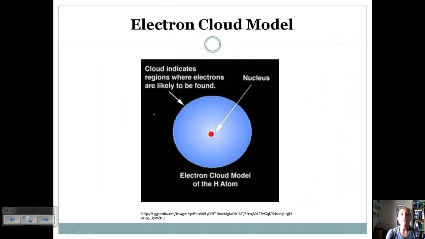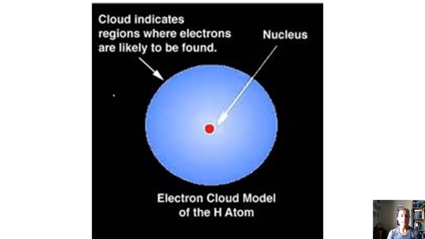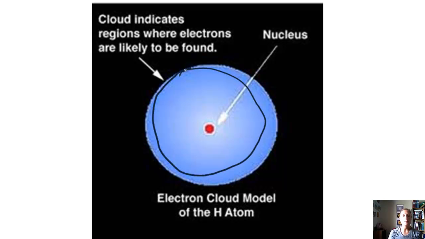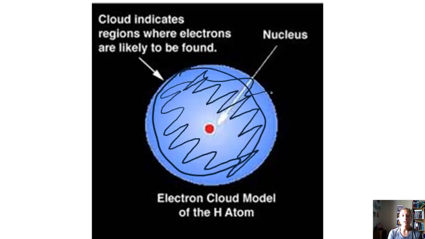From there, we went to the electron cloud model, which I would say is probably our most current version. Instead of specific paths, we have what are called electron clouds. The clouds can be different shapes, and we'll talk about that later. But basically, electrons are somewhere in this cloud around the nucleus. We don't really know where they are or how they get there, but they occupy this shape.